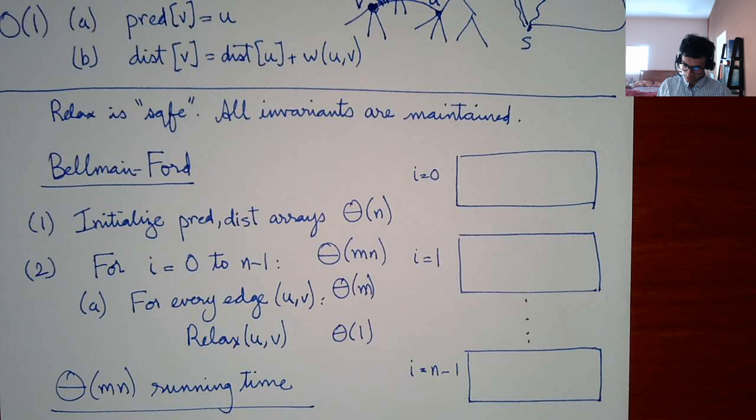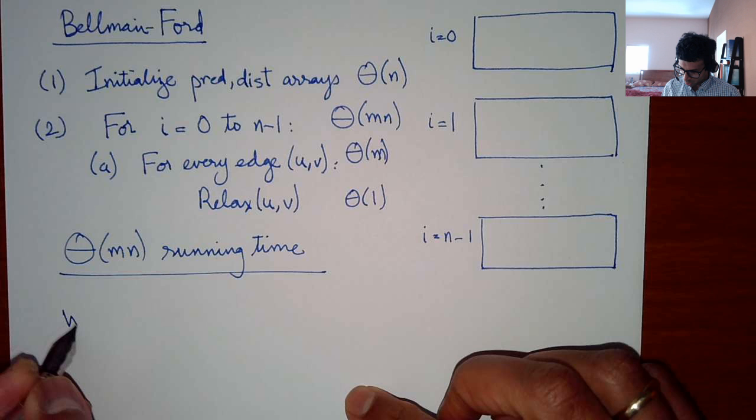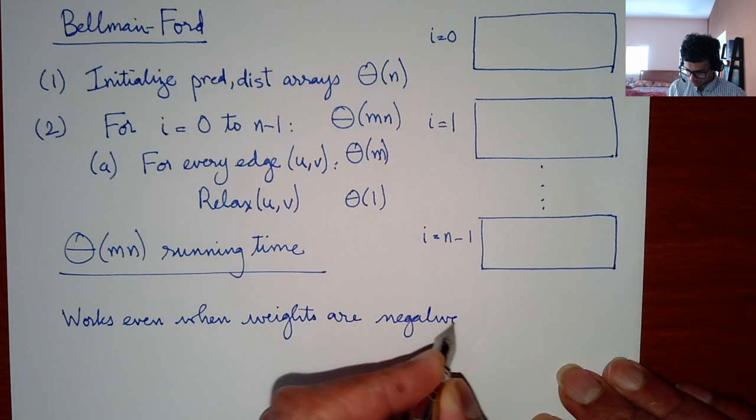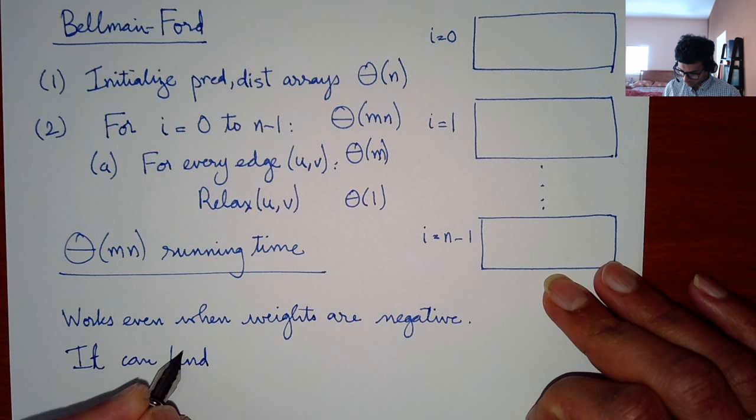Some properties of Bellman-Ford which are crucial. One of the nice things about Bellman-Ford is that it works even when weights are negative. It can find a negative weight cycle.